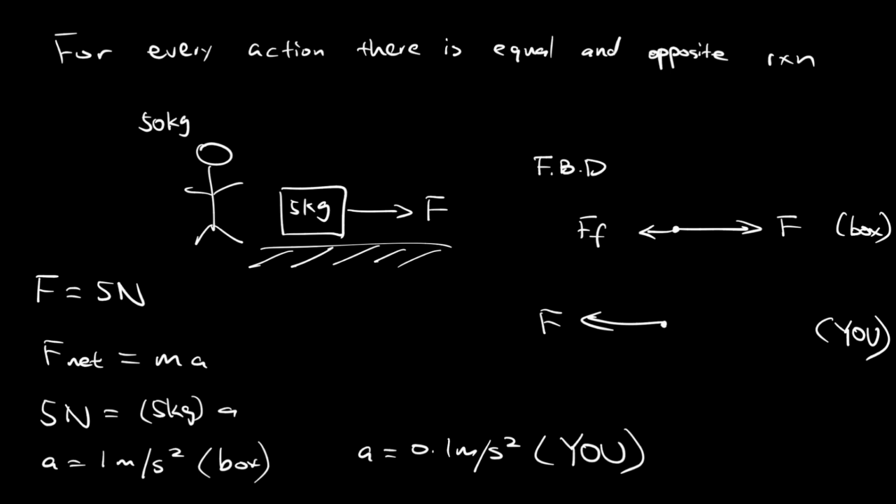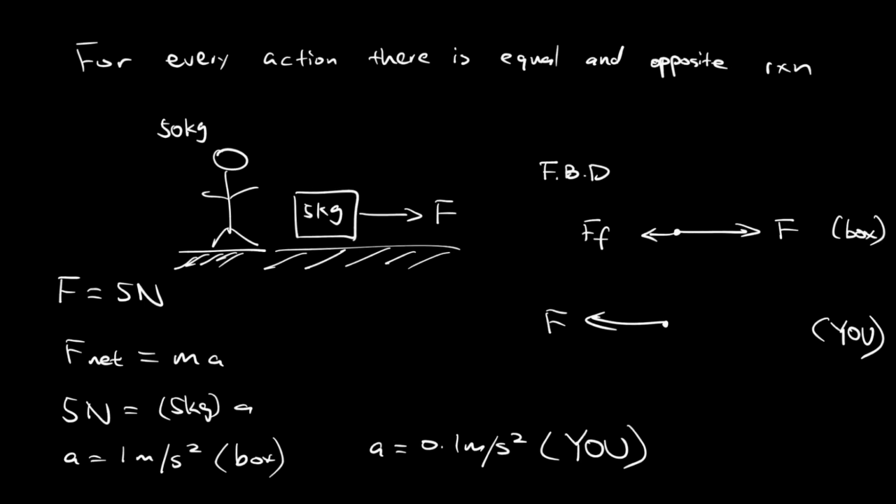which is why the box moves. Now, when you push a box, you're standing on the ground here, right? You don't move. But actually, Newton's third law tells you that yes, the box does give you a push, gives you a force. So what I'm trying to get at is, when you're pushing a box on a table, you do not move, but that doesn't mean there's no force on you.